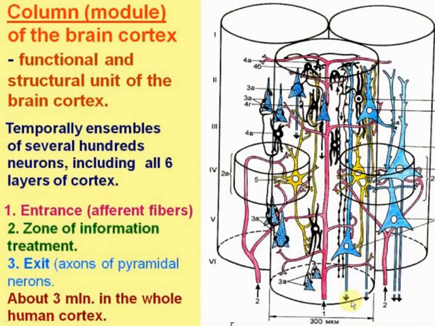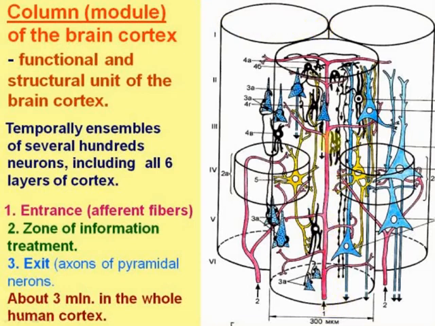The module or column of the brain cortex is the functional and structural unit of the brain cortex. It is a temporal assembly of several hundreds of neurons, including all 6 layers of the cortex. It's really like columns, width about 300 microns.